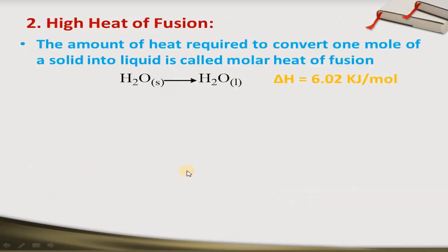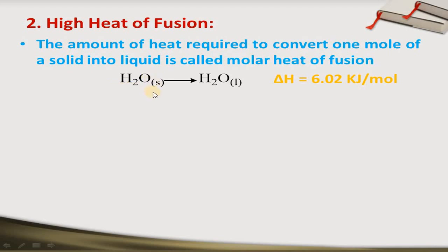The second property we have is high heat of fusion. We also explained this earlier in the liquids chapter. What is heat of fusion? The amount of heat required to convert 1 mole of a solid into its liquid is called the molar heat of fusion.